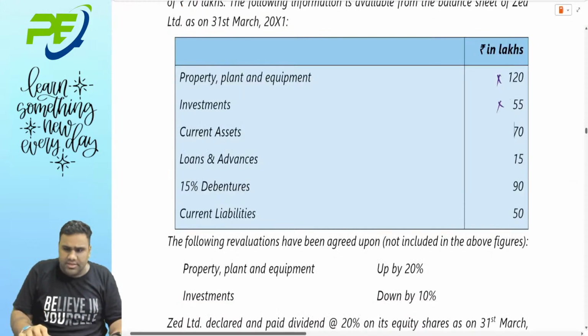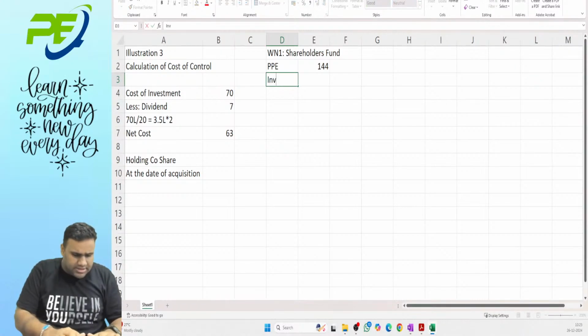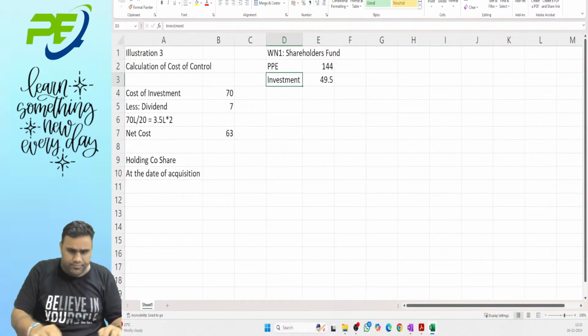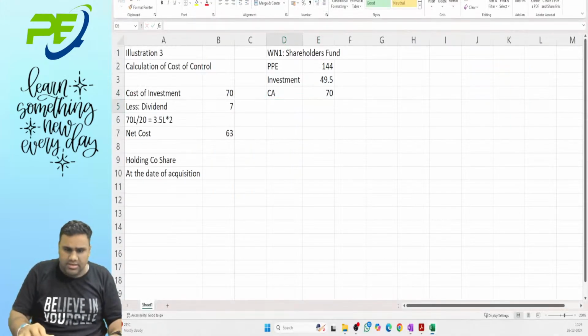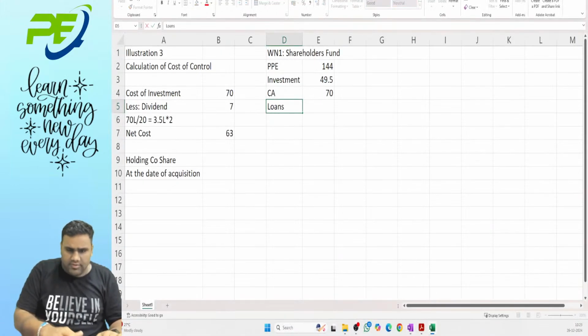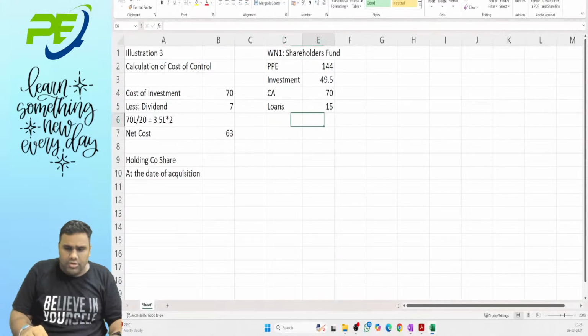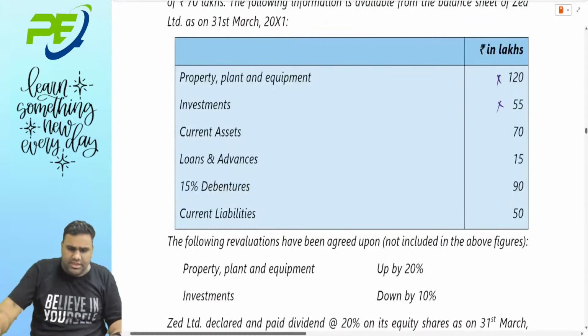Then investments, 55 minus 10%, 49.5. Current assets 70. Loans 15. So I'll total the assets.